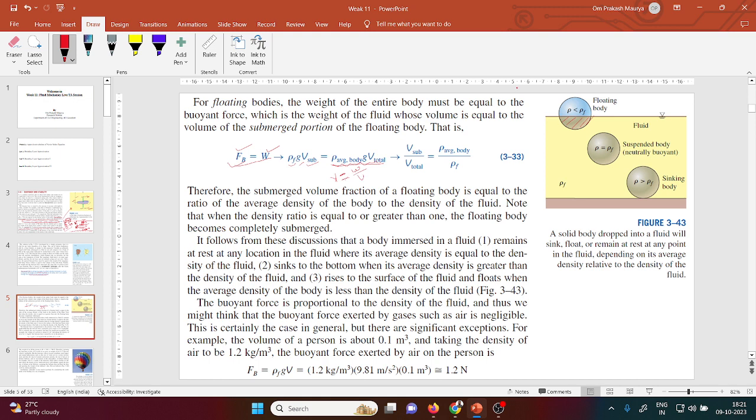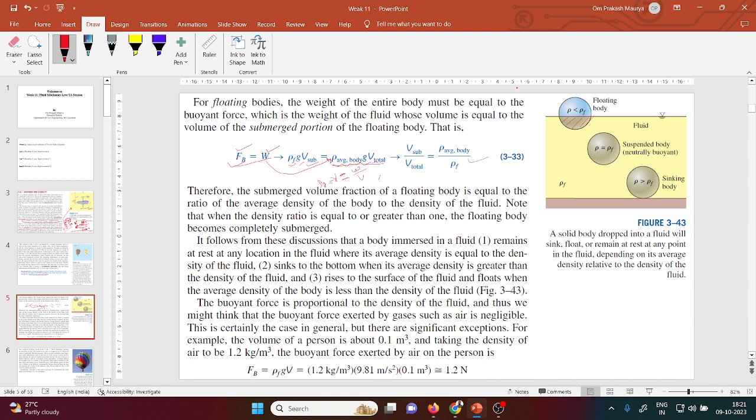So from here you will calculate the weight: this represents rho g, so weight is rho g into V. This is the weight of the body. So from here, the submerged volume over the total volume is equal to these things.